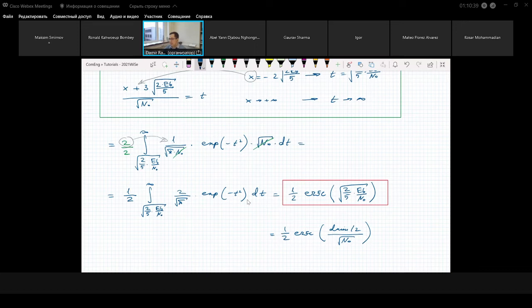Moreover, you can show that for any binary transmission, the probability of symbol error will depend only on the minimum distance and the variance of noise, and nothing else. Always it will be the same expression: d min over 2 divided by square root of N0. So yeah, surprisingly enough.